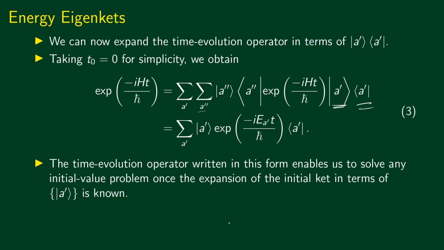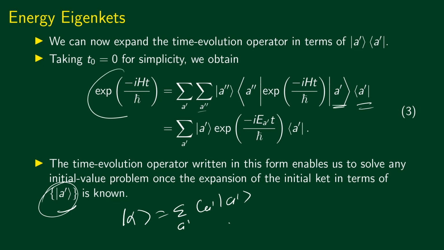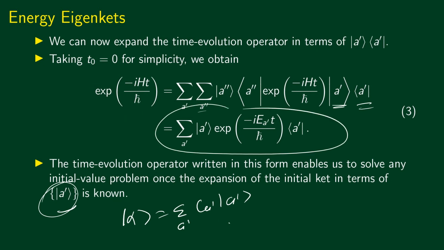The only thing you need to know is the expansion of the initial ket in terms of the same basis. So once you know the expansion of the initial ket alpha equal to sum over A prime C A prime ket A prime, you can just apply this operator on the left and find the ket at any time.